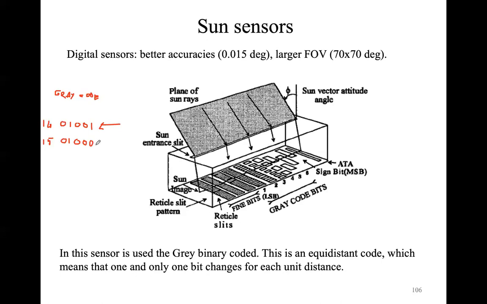So basically, this code enables a better discretization of your signal, and this configuration of the sun sensor gives you the best accuracy for sun sensors, about 0.015 degrees, using larger fields of view of about 70 degrees by 70 degrees. If you want further information about the gray code and binary code, we can discuss that offline.